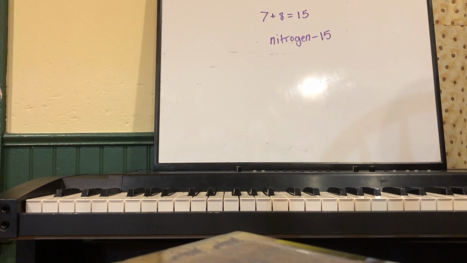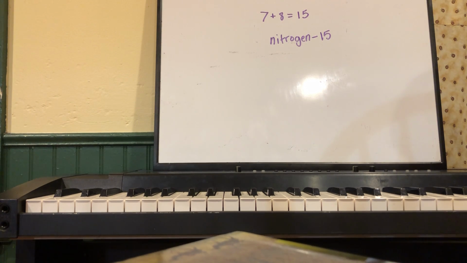Now, the next example says, which of the following atoms is an isotope of nitrogen-15? Okay, let's remember what isotopes are. They have the same number of protons and a different number of neutrons. Okay?